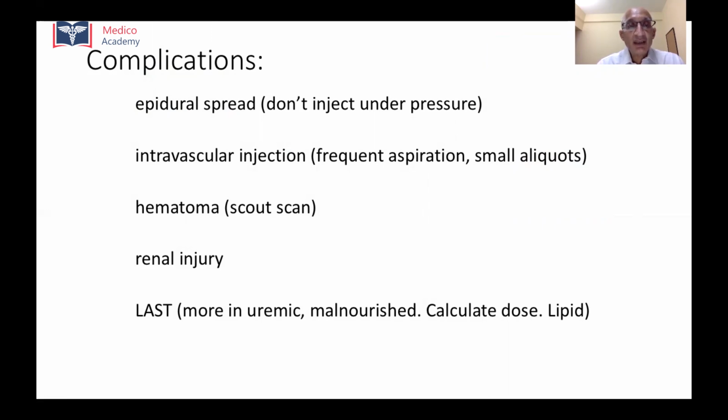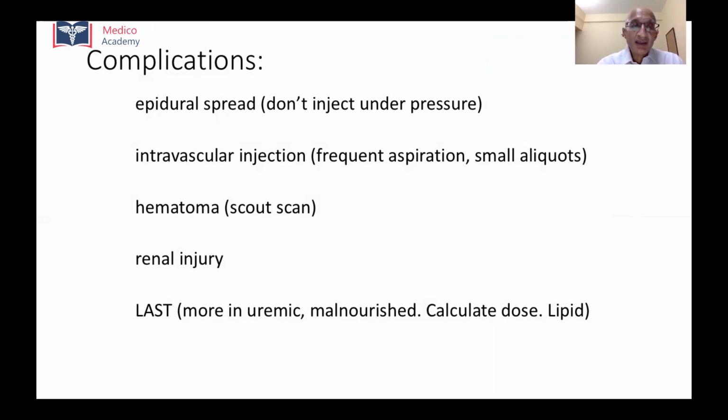And as I mentioned earlier, it's a very vascular space, so we need to be very careful while injecting the local anesthetic. We have to do frequent check aspirations, and the injection has to be in small aliquots over 3 to 5 minutes, not an immediate bolus.